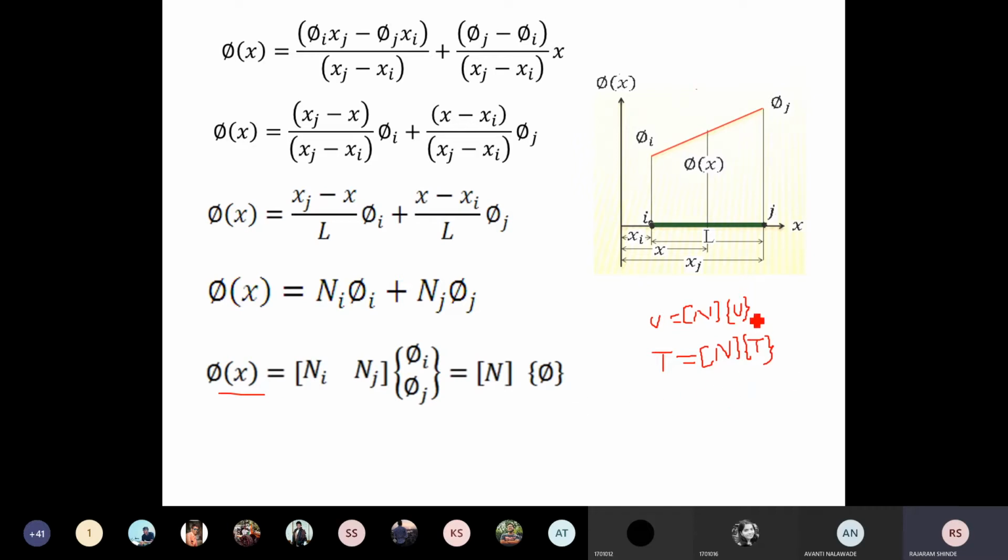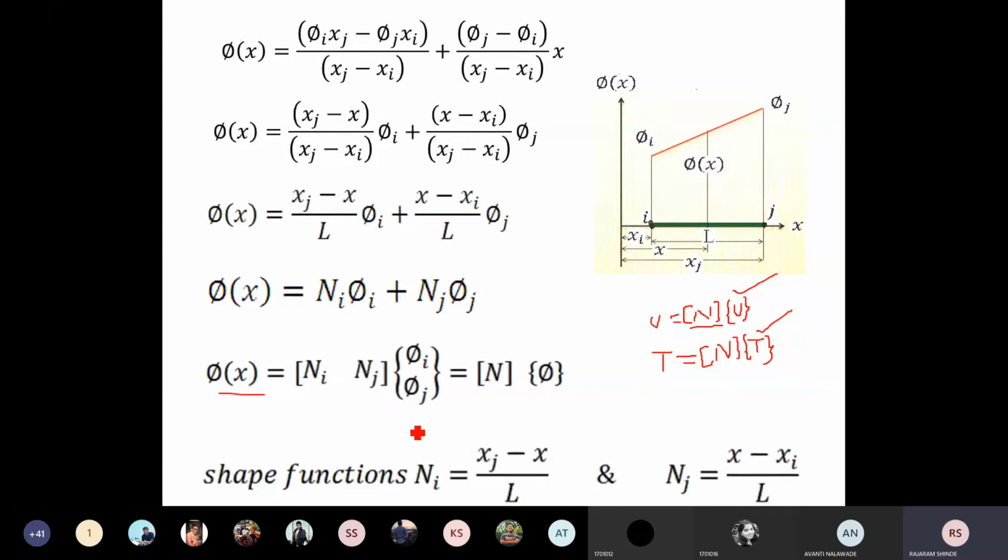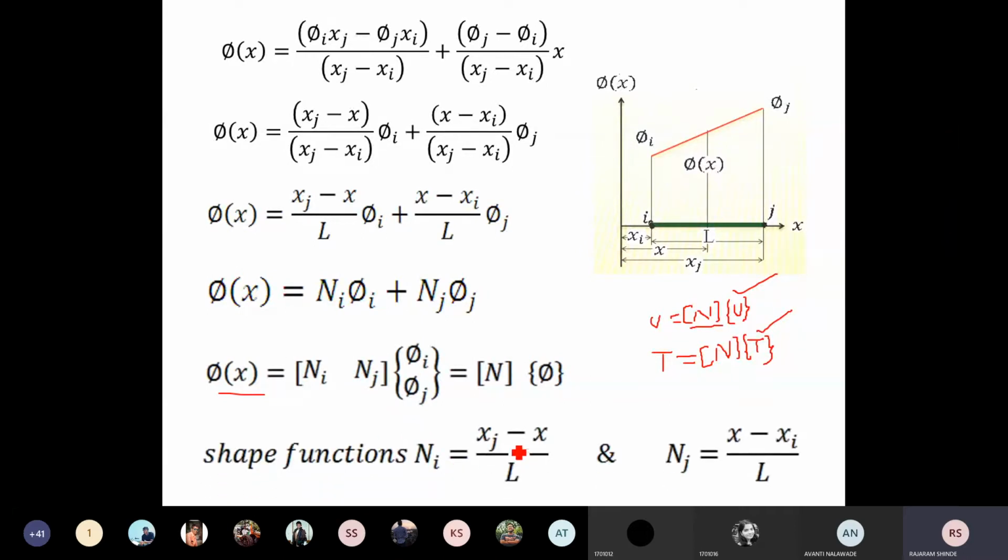Now this u is ui uj and this T is ti tj. If we go for a one dimensional linear element, this N is equal to ni nj, where ni and nj are the shape functions, and ni is (xj minus x) upon L and nj is (x minus xi) upon L. Already we have discussed the properties of the shape functions. What are the properties of the shape functions? Already I have told you in the first unit.